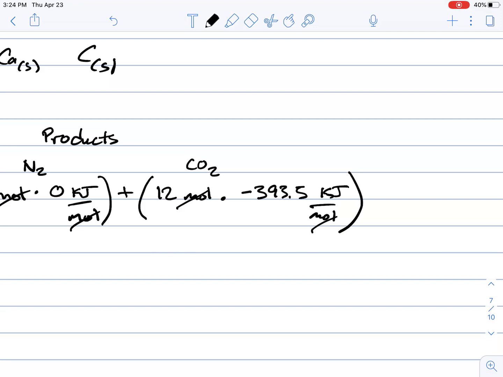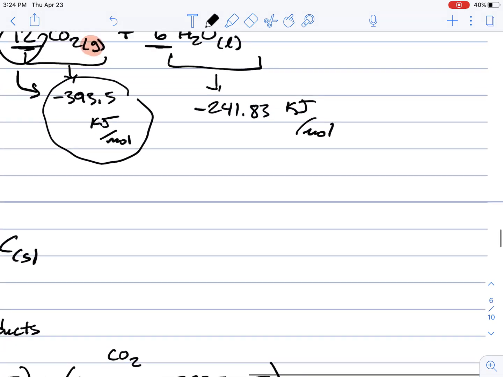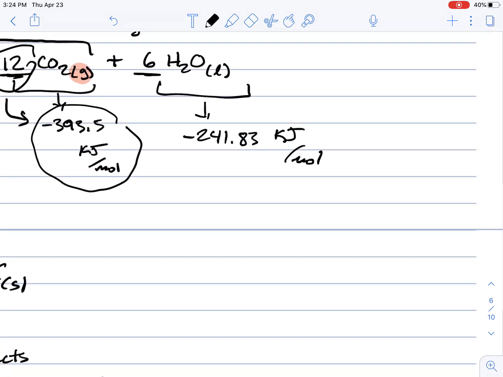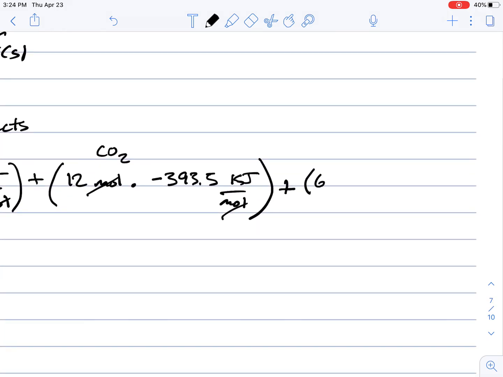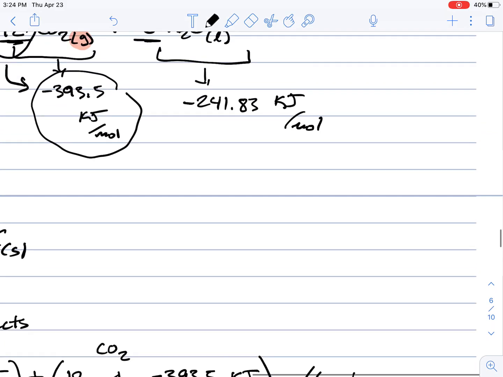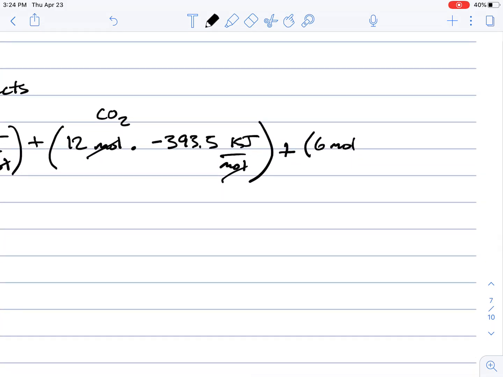So here we just have whatever that value is in kilojoules. Last but not least, for water, same idea. So 6 times that value, so 6 moles times negative 241.83.